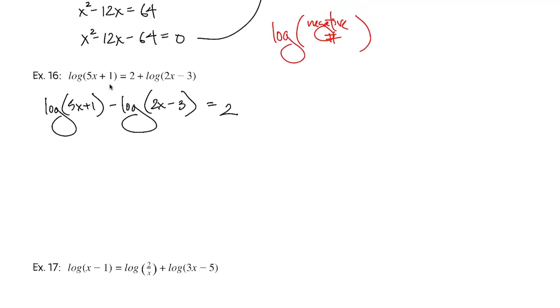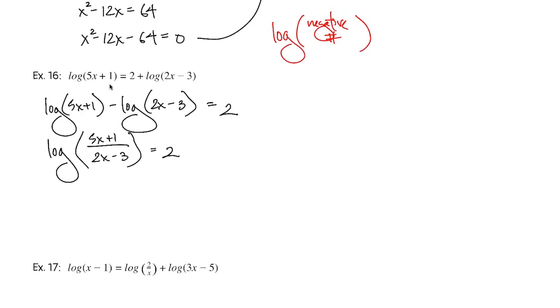Okay. So now that we've got this, if we're going to condense it, it would be wise of us to use not the product property, but the quotient property, right?